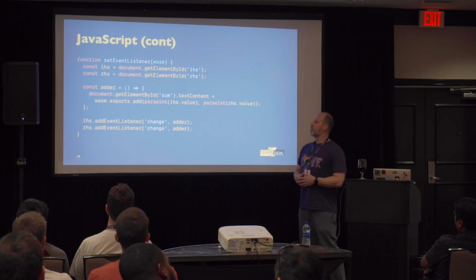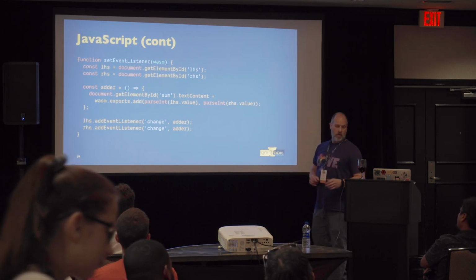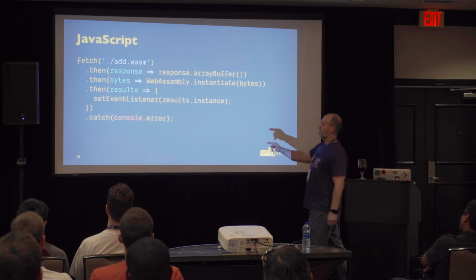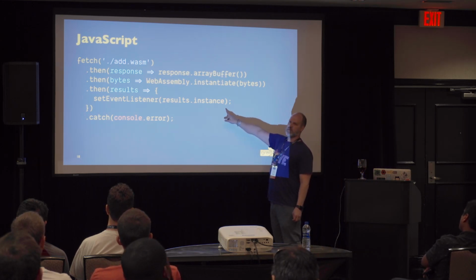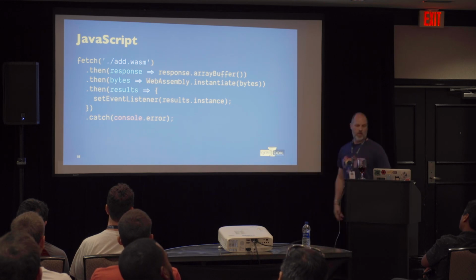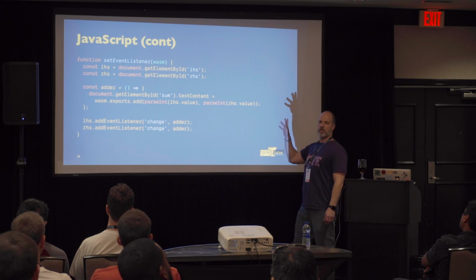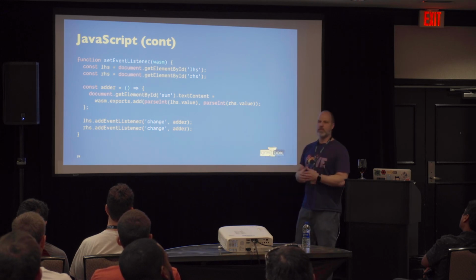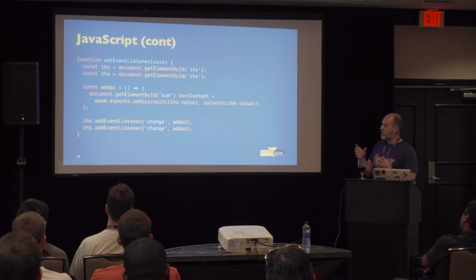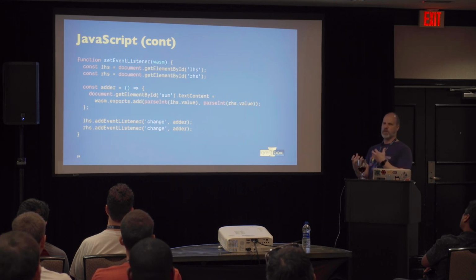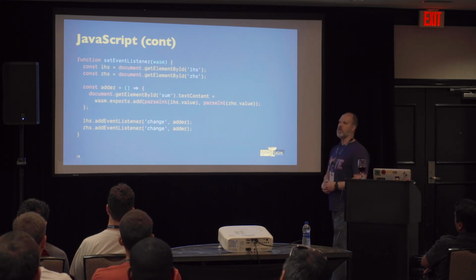Well, this was our results.instance, right? So it's a variable that we are then accepting as WASM. WASM isn't a keyword. We could have called it apples or whatever. And then we have this variable that points to our WebAssembly module, and then it has an exports, and then it has our exported function.